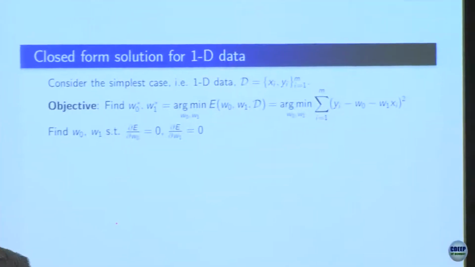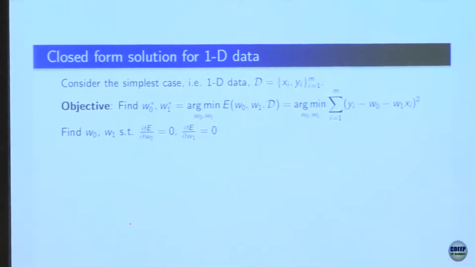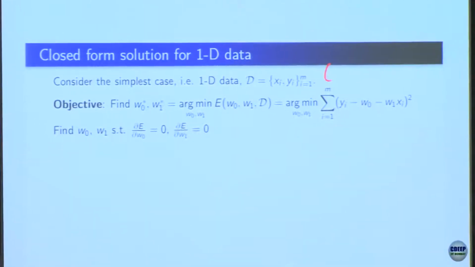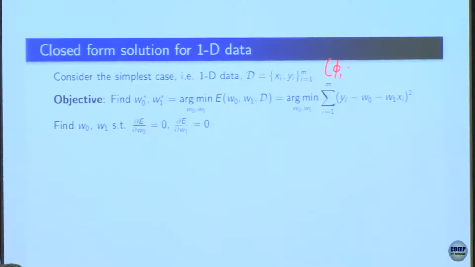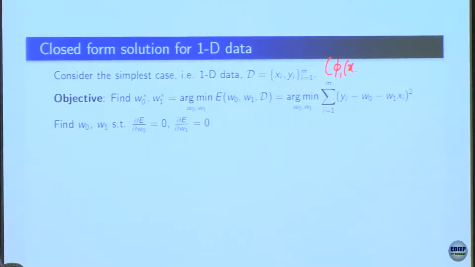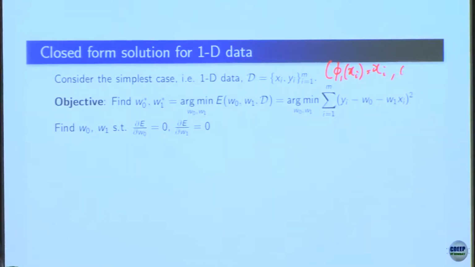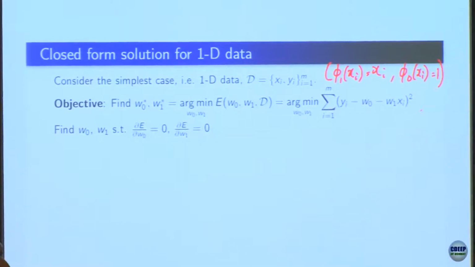So let's consider the closed form solution for the 1D data. The simplest case basically where phi 1 of xi is nothing but just xi itself, and phi 0 of xi is 1.